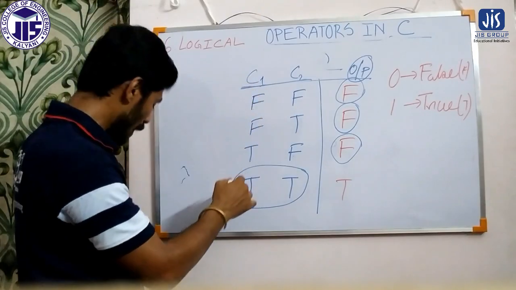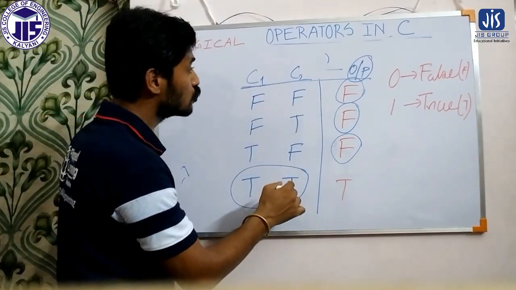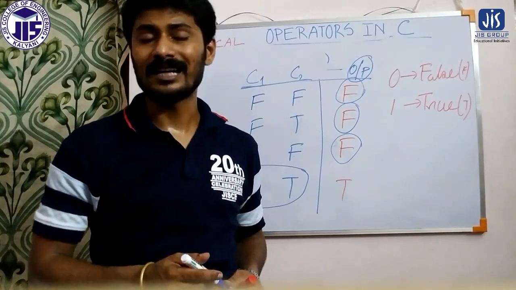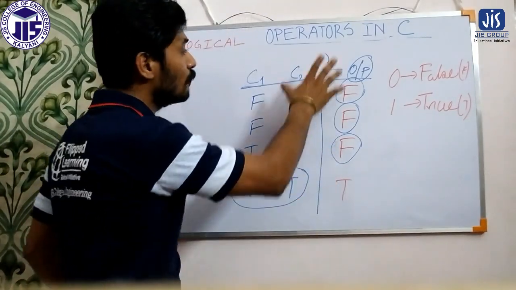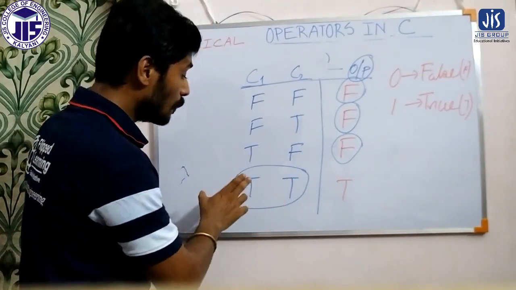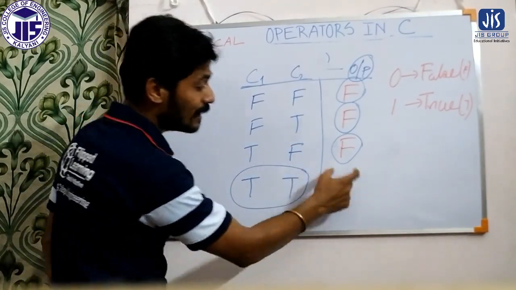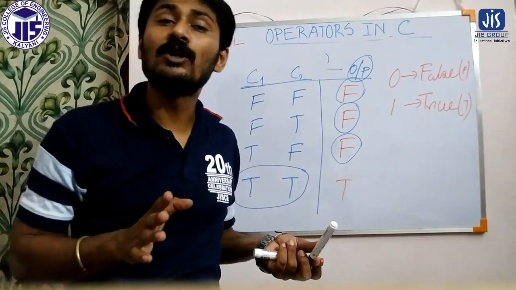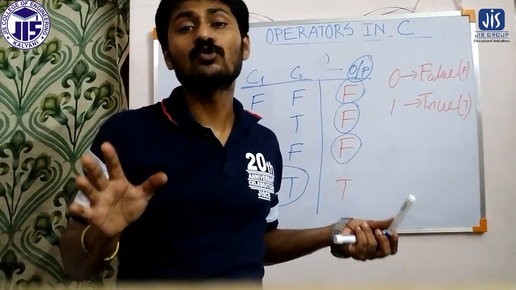That means condition 1 is true, condition 2 is also true. Then it will be treated as an ultimate true condition. Otherwise, it will always be a false condition. That is in case of AND: when both the conditions are true, then the ultimate condition will be true. If any of the conditions is false, then it will not be treated as a true condition.